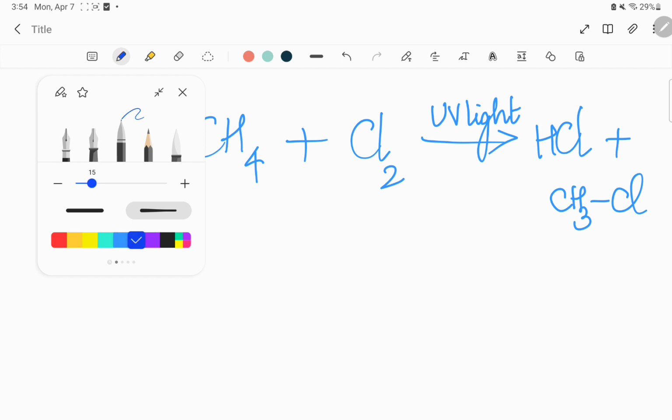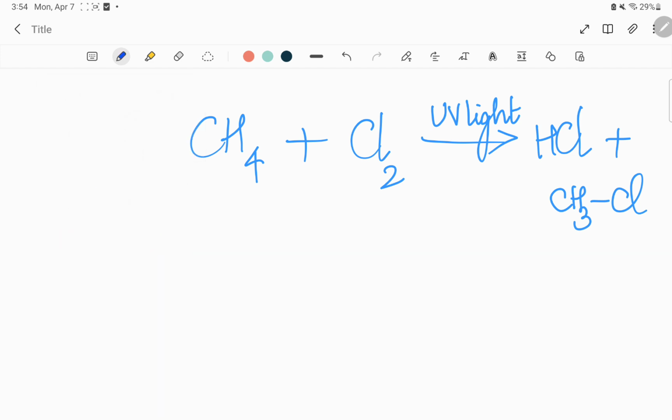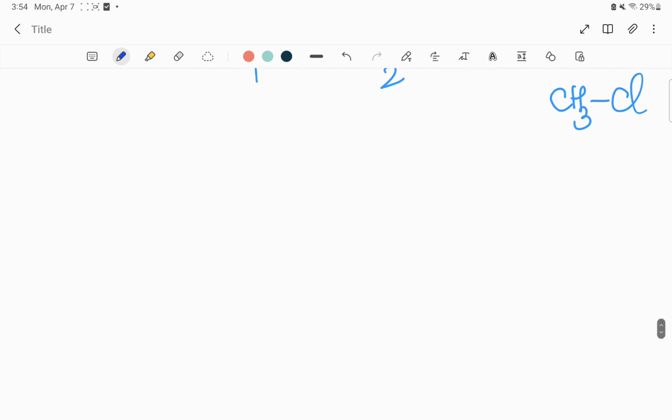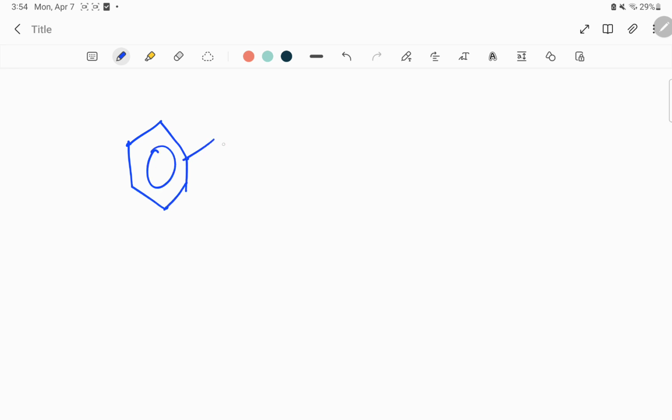So here it is very simple. One of the hydrogens will be replaced by a halogen atom, and this is very important because if this substitution takes place in aromatic hydrocarbons, then we have to be very careful. So let's say I am taking aromatic hydrocarbons like ethyl benzene.